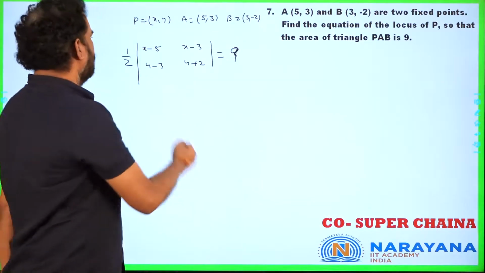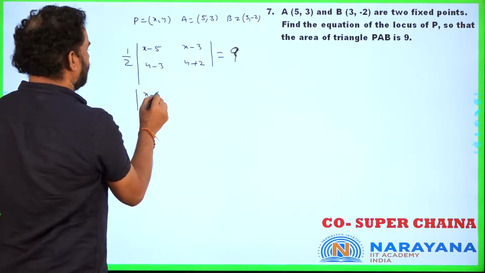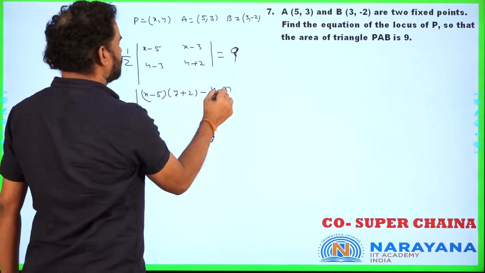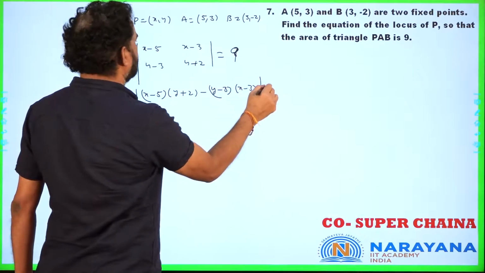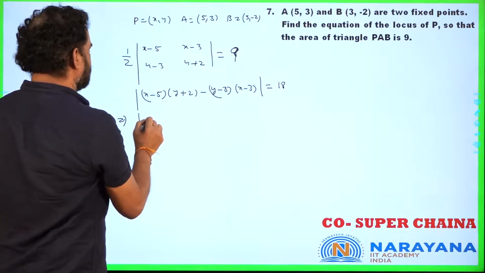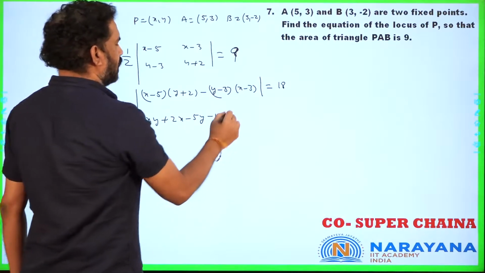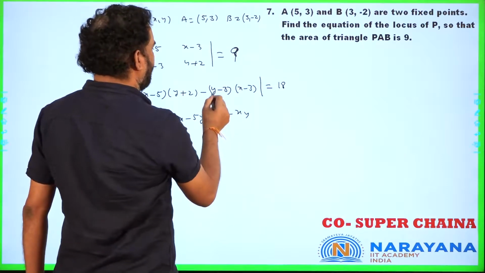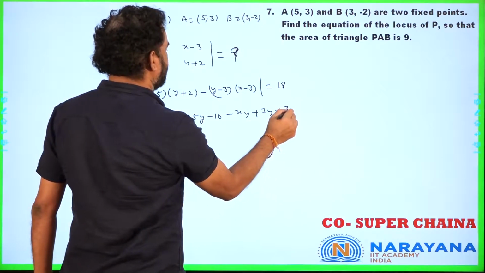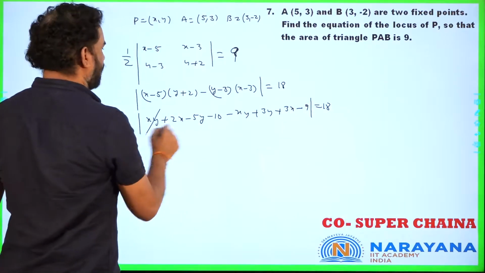Area of a triangle, so the modulus of (x minus 5)(y plus 2) minus (y minus 3)(x minus 3) is equal to 18. So multiplying this out: xy plus 2x minus 5y minus 10 minus xy plus 3y plus 3x minus 9 is equal to 18. So xy will get cancelled.